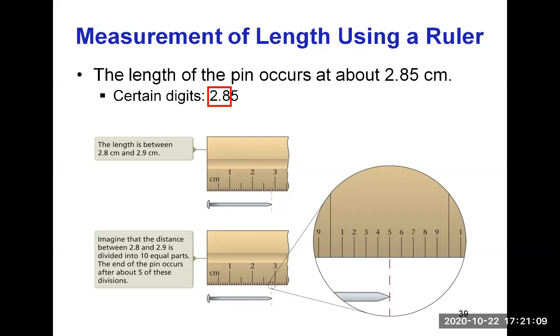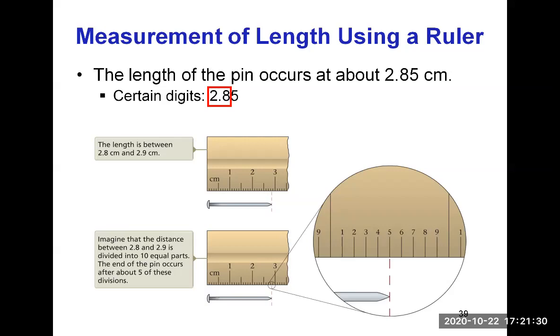What you need to do next is estimate between the two lines that are visible and that are known for certain. So you imagine that the distance between 2.8 and 2.9 is divided into 10 equal parts. And then you estimate where the end of the pin occurs.